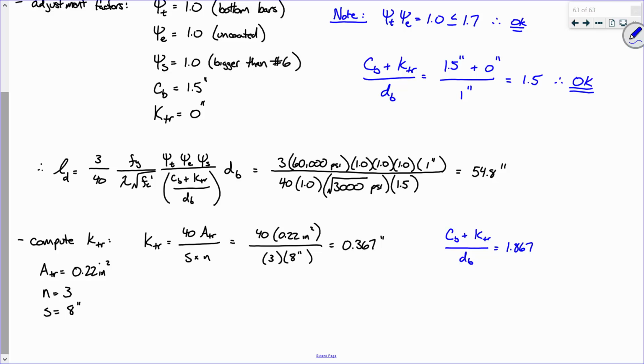What's it got to be less than? There we go. So now we can compute a new development length that accounts for transverse reinforcement.